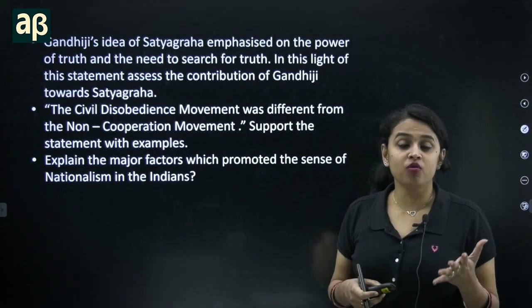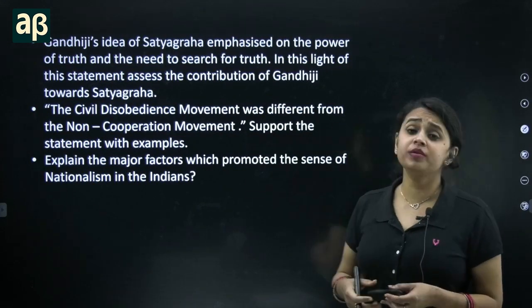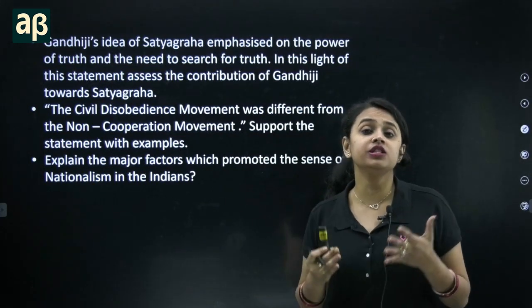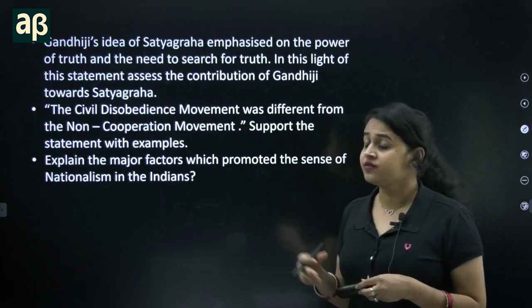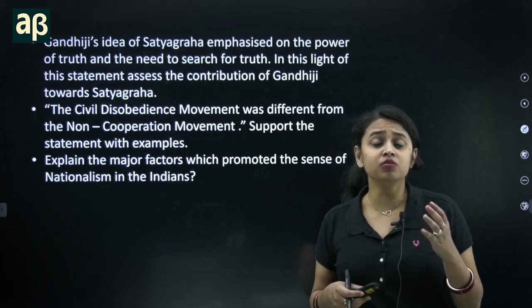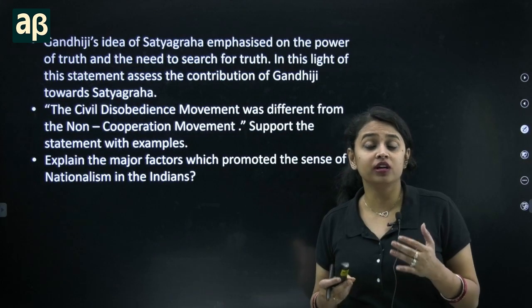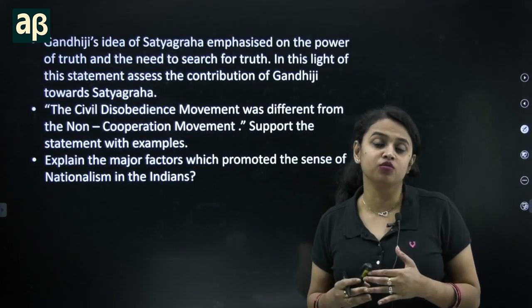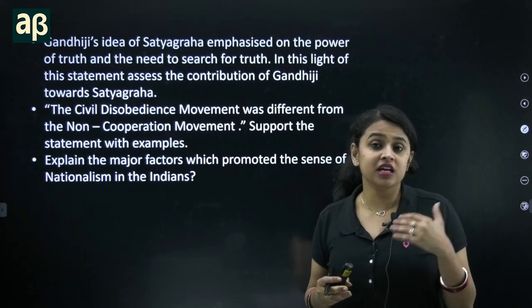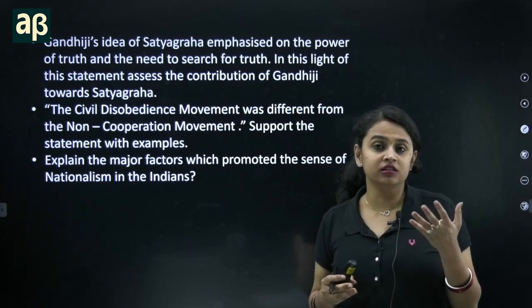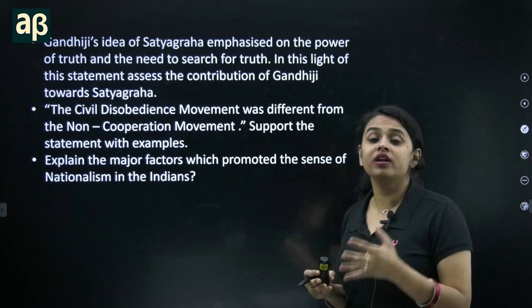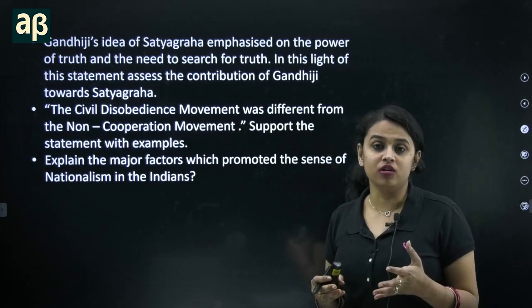And also, one important thing, in the non-cooperation movement, we see the unity of the Hindu and Muslim community. Whereas in civil disobedience, many Muslim people kept themselves away from this movement, because by that time they had started feeling that the Congress party was now more inclined towards the Hindu ideology.